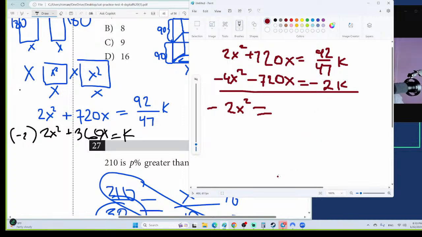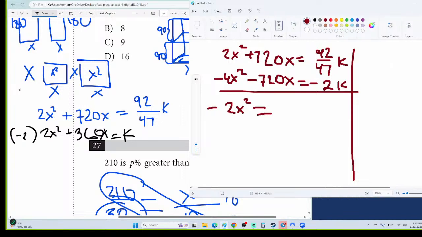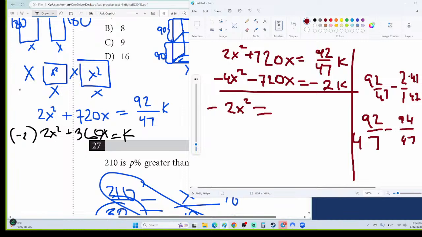How can we do that? Somewhere on the side, maybe: 92 over 47 minus 2 over 1. If we multiply it by 47 over 47, it's going to be 92 over 47 minus 94 over 47, which is negative 2 over 47. So this equals negative 2 over 47 k.